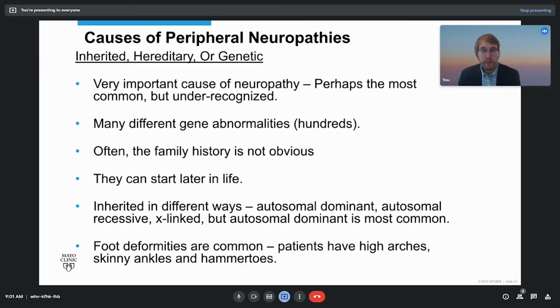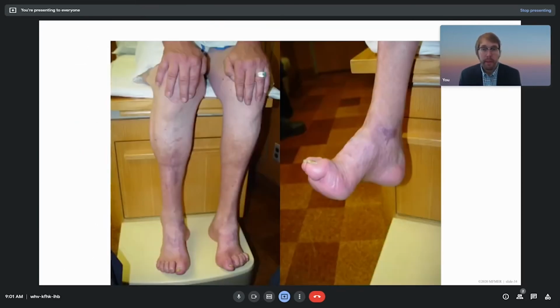One of the most important clues to inherited neuropathies are foot deformities. Patients can have high arches, skinny ankles, and hammer toes. So let me show you a picture of what I mean by that. This is a man who came to see us with an inherited peripheral neuropathy, and he has a very exaggerated example of a very high arch.